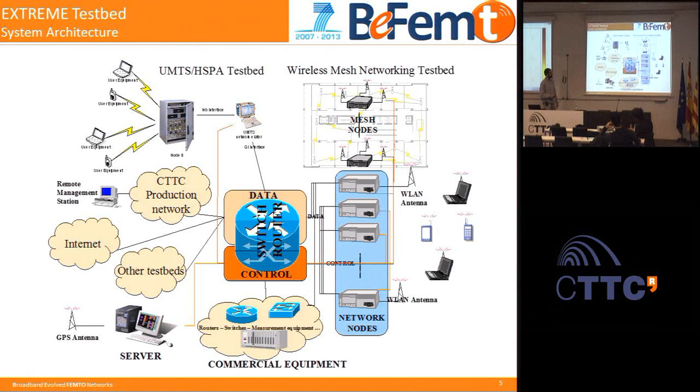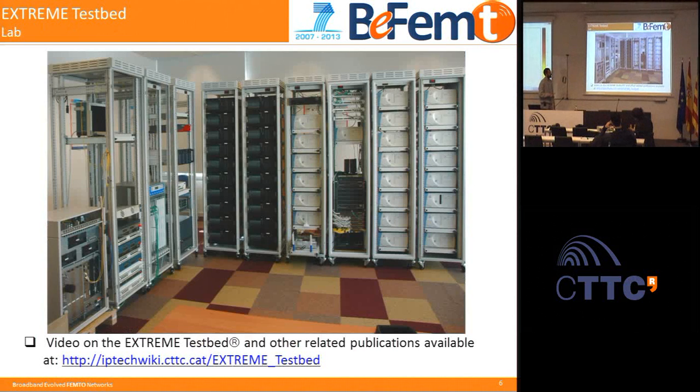Well, this is the generic framework, and we also have some commercial equipment, both for testing and for putting commercial routers in the middle of a network setup. And this is the lab that we have on the second floor of this building. This is the node B, this is the emulator, this is the rest of the 3G network.